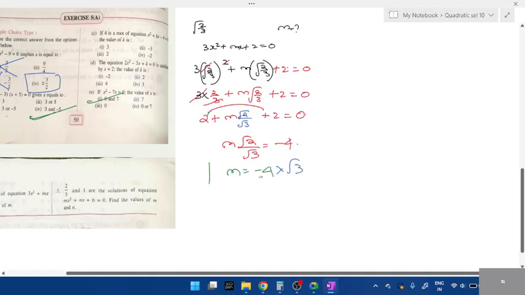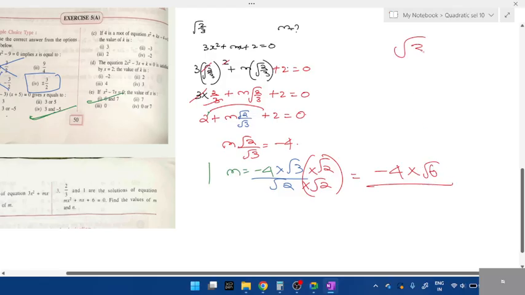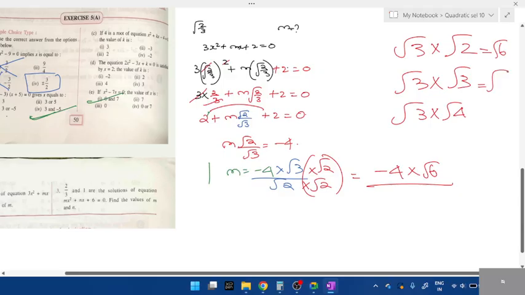√3 divided by √2. √2 is rational or irrational? It's irrational, meaning it's a non-perfect square. How do you rationalize? Into 2. So you get -4 into what is √3 into √2? Those who don't know this rule, students, you can multiply. So you can just multiply √3 into √6. What is √3 into √3? 3. How do you get 3? √3 into √3 is 3 3s are 9.